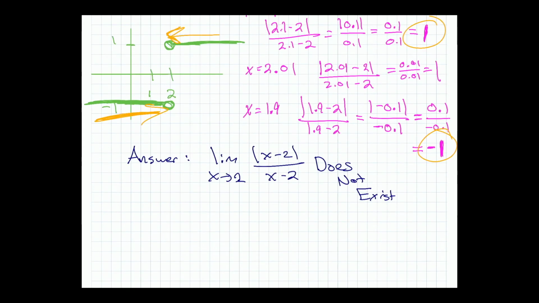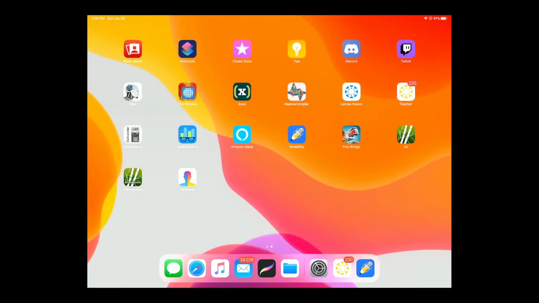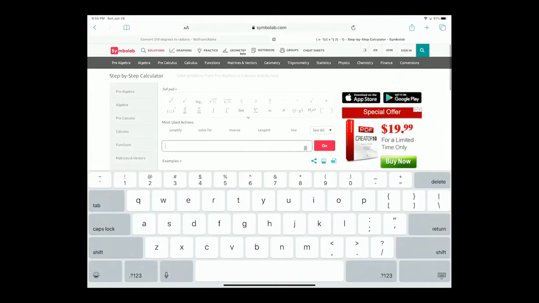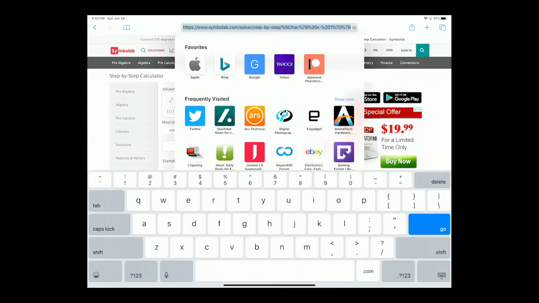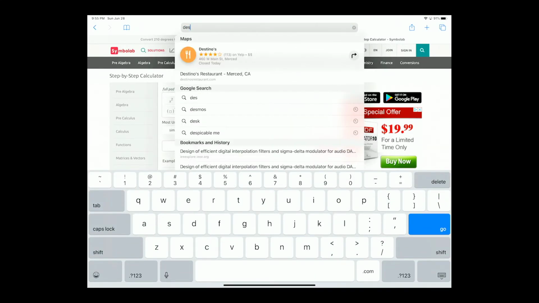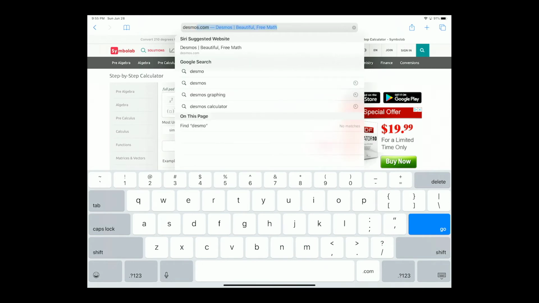Right? Because it's this graph right here. Now, if you want to save yourself a little bit of time, or not time, but maybe you should, you can at least go to a website and graph that function and see how it goes. So we could try maybe Desmos, which is a good site.